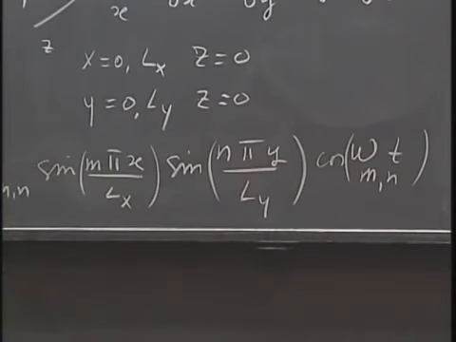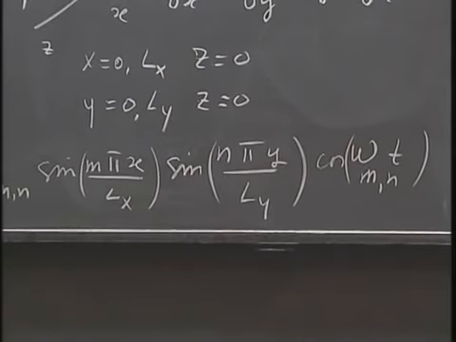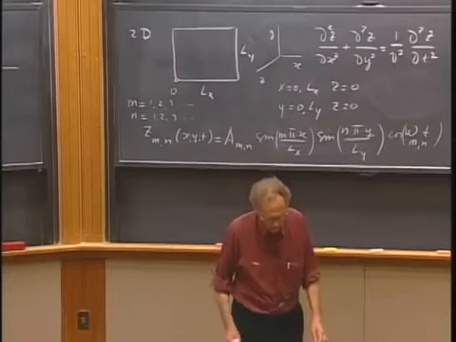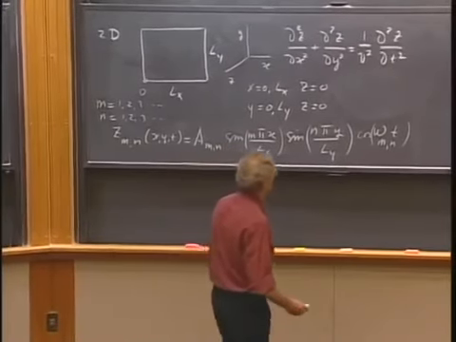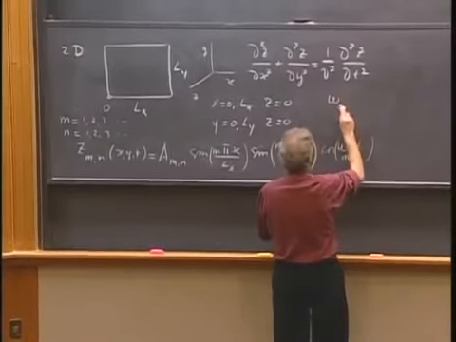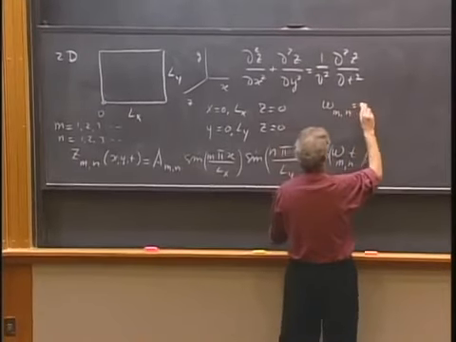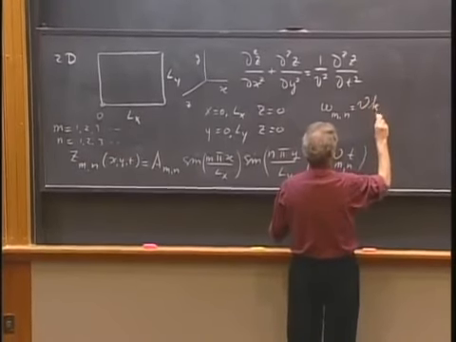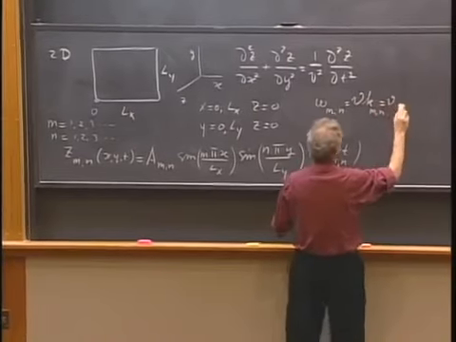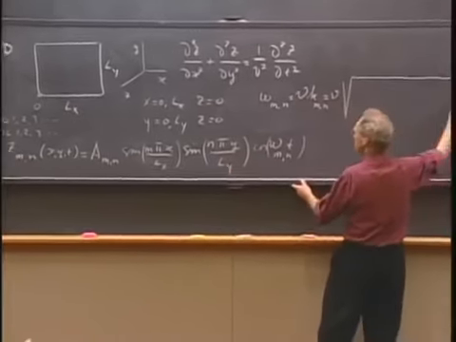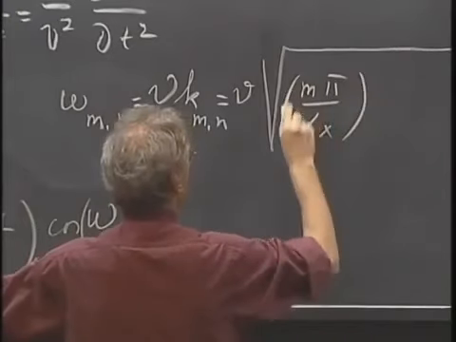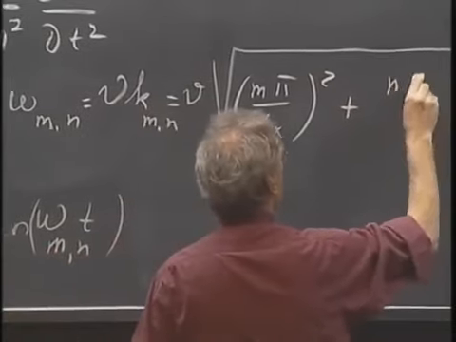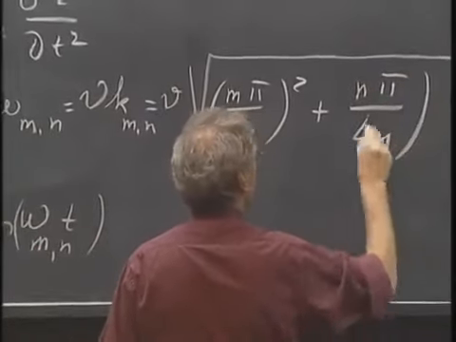And if you substitute this solution, of which we clearly, intuitively know it has to be correct, in that wave equation, then you get the connection between the k values and omega, and then you will find that omega mn, which is always the velocity times the k value, becomes now v times the square root of Miri pi divided by Lx squared plus Nancy pi divided by Ly squared.